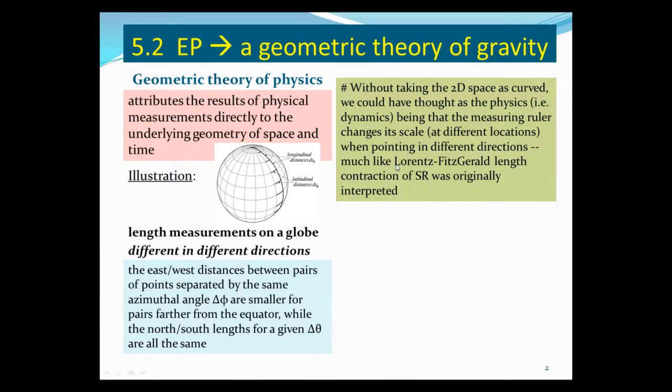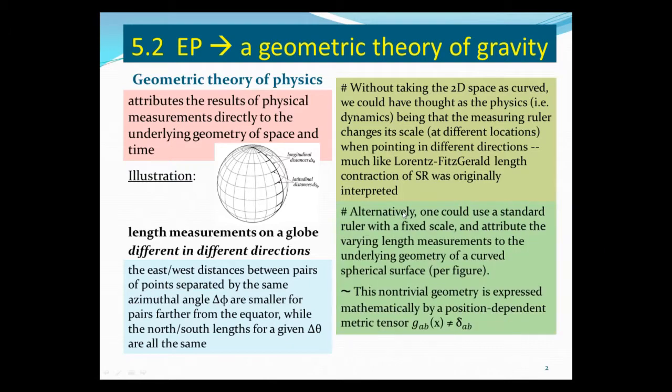Much like the Lorentz length contraction in special relativity was originally interpreted by Lorentz as due to some sort of dynamic forces causing the object to contract in the direction of motion. But alternatively, we can use the same standard ruler with a fixed scale and attribute the various length measurements to the underlying geometry, in this case, of the curved surface.